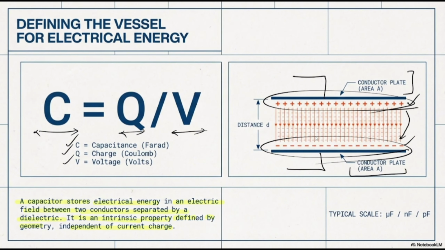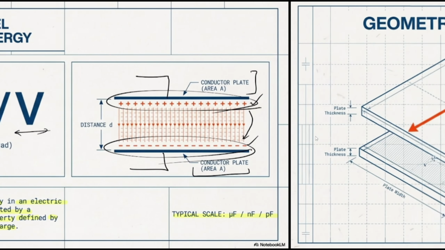As you guys know, it is related to the geometry of our capacitor, which we know as capacitance. Another important thing that you have to know is that capacitors are typically rated in microfarads, nanofarads, or picofarads, because 1 farad is so high. That's why most of the time we use these.